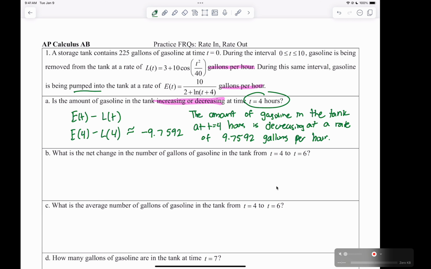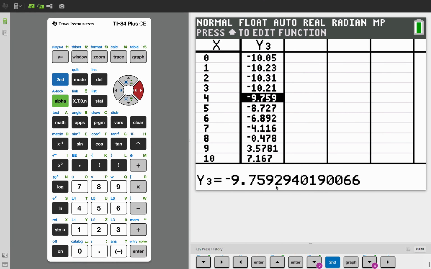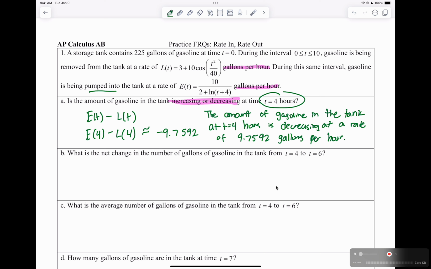And that's part A. Now, of course, you only need 3 decimal places, but more than 3 is good, just so you don't accidentally round off and get the problem wrong.